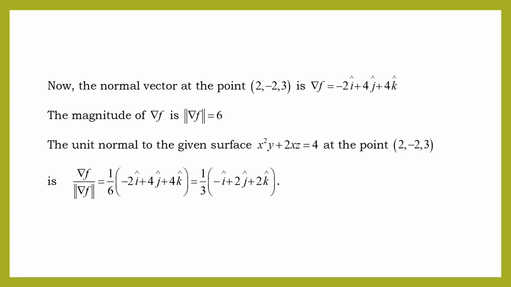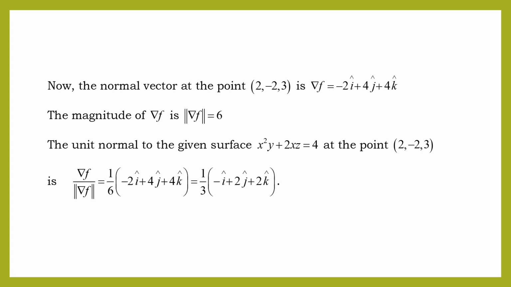We want the unit normal. Up to now, we found the normal to the given surface at the given point. To find the unit normal, we have to find out the magnitude of del f. The magnitude of del f means norm del f.